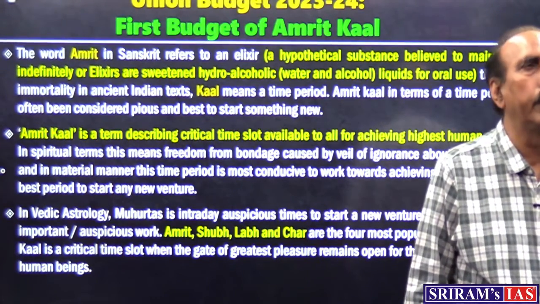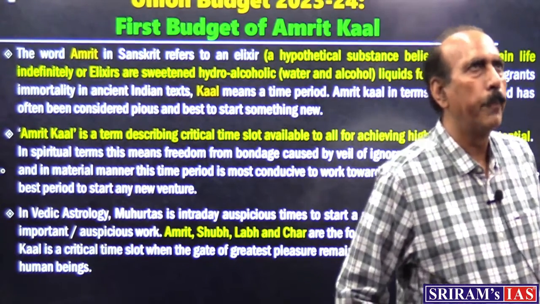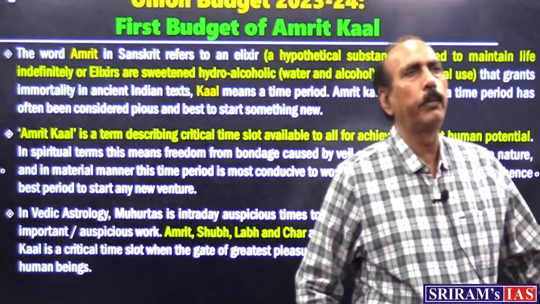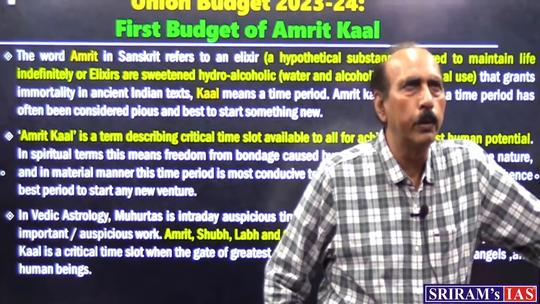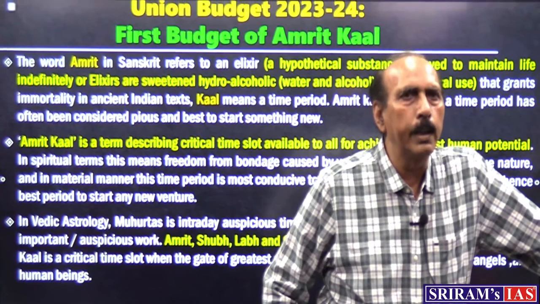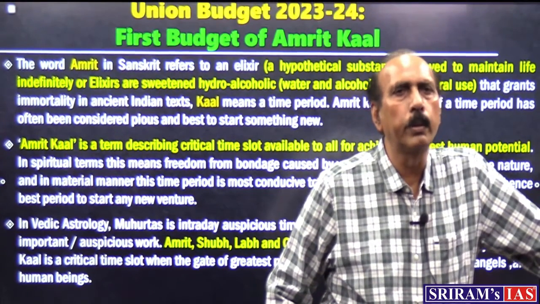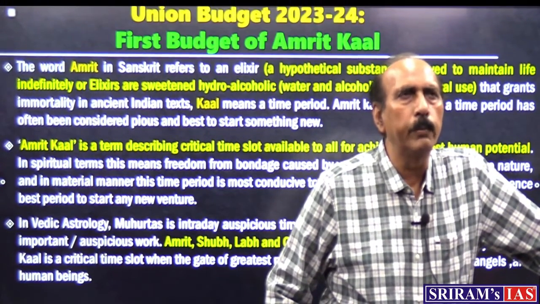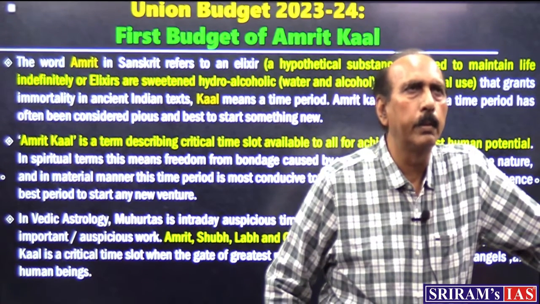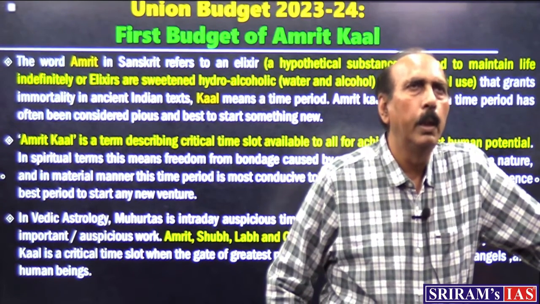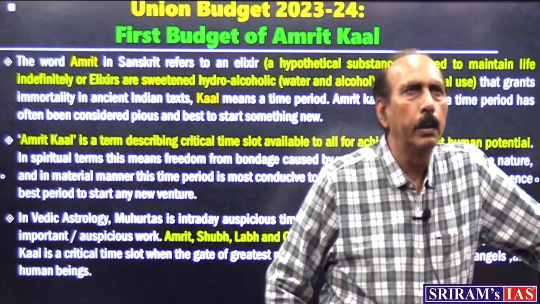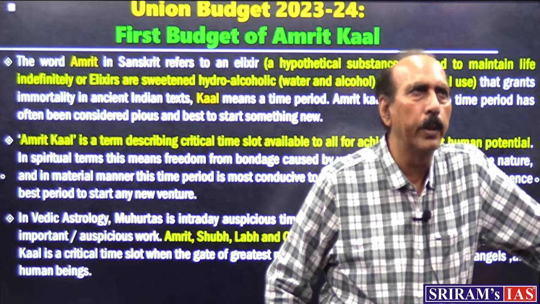We have already attained 75 years of independence, and whatever we have attained in 75 years, we have to celebrate it first. We have to take pride in our achievement in 75 years.